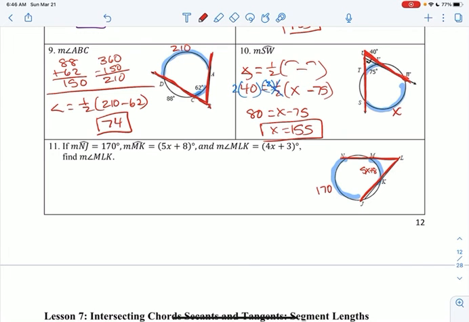And angle MLK is 4x plus 3. So remember, the angle equals 1/2 the difference of the arcs. So the angle is 4x plus 3 equals 1/2 the difference of the arcs, 170. That's the bigger arc, minus, now you have to subtract that whole thing, so I need parentheses around it.